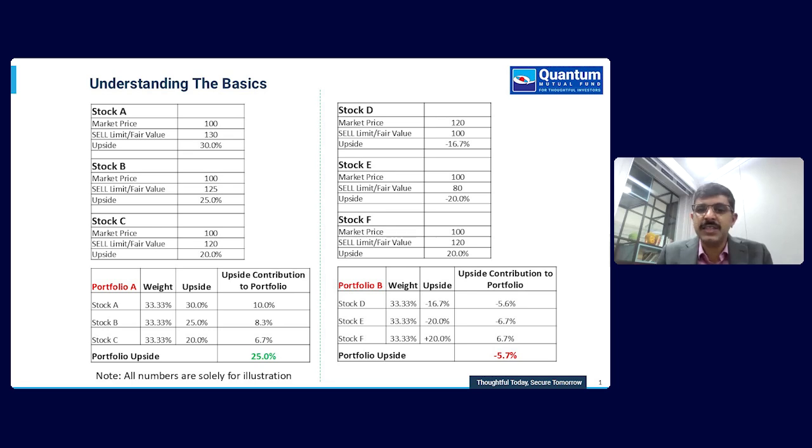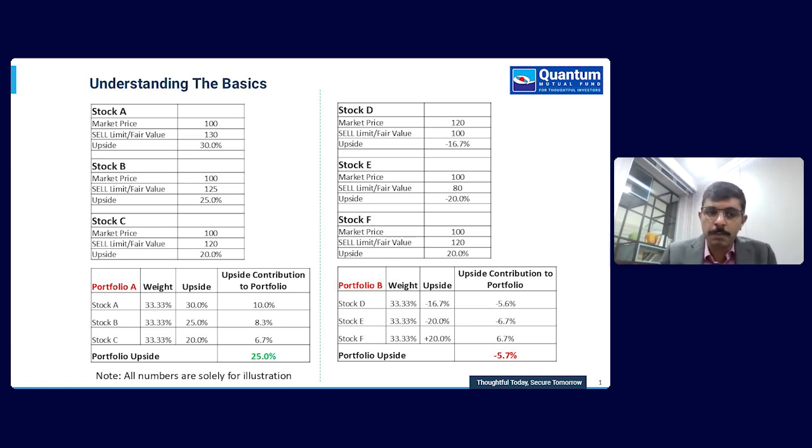In this case, based on the investment manager's estimate, stock A should have a fair value or an intrinsic value of 130 rupees. So as and when the market recognizes its true potential, there is a possibility to earn an upside or a stock return of 30% in this example.